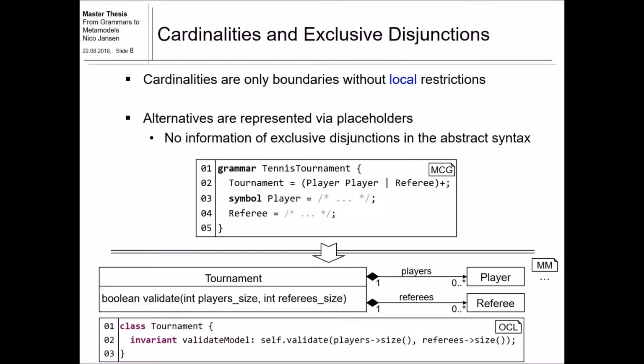Finally, we use an OCL constraint, validate model, to invoke the validate method and pass the corresponding parameters player size and referee size. This explains the conceptual realization of integrating MontiCore's parser validation into EMF metamodels.